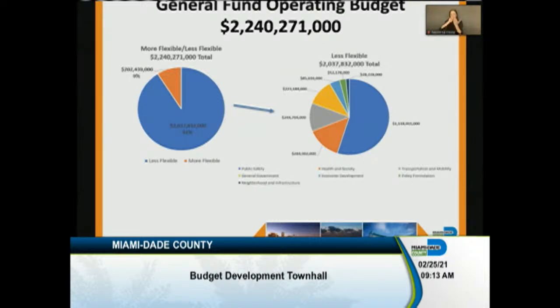As noted in the pie chart, of the $2.2 billion in general fund expenses, approximately $2 billion is considered less flexible funding.